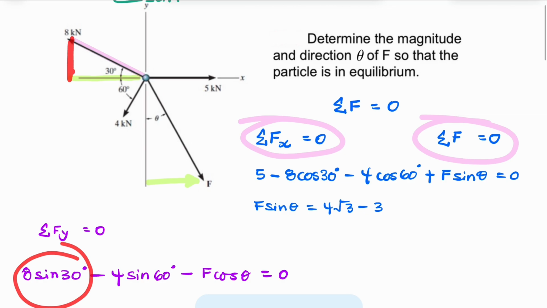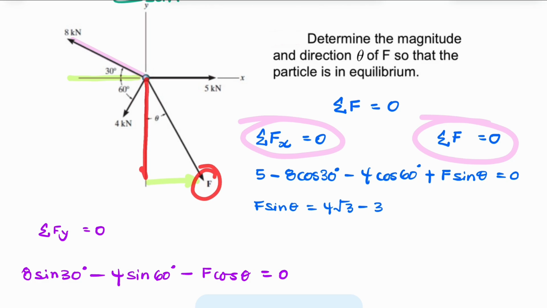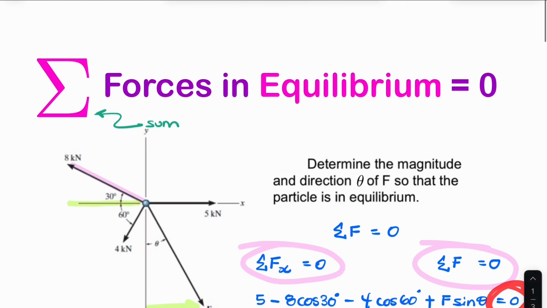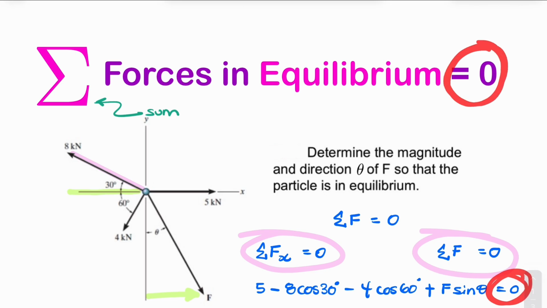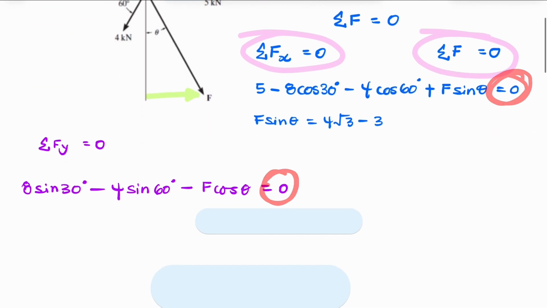Sine because this component now is opposite the 30. And here, the vertical component will be opposite the 60, so it's sine 60, but it's negative because it's in the downward direction. And for the f, the vertical component is adjacent to the angle, so it's negative f cosine theta. The sum is always equal to 0 because we said that's the property of equilibrium.